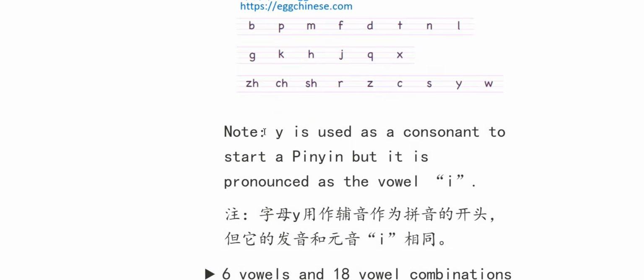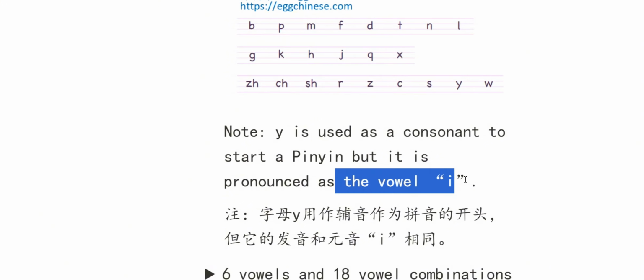So here, please note Y is used as a consonant to start a pinyin, but it is pronounced as the vowel I. As a vowel, the letter I, and this letter I, its pronunciation is always as a double E in the English word see.